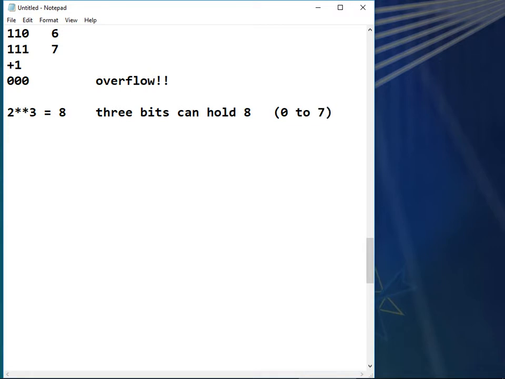Well, what if we had 8 bits? Your Nintendo was an 8-bit computer. Well, 2 to the power of 8, I'm not going to make you calculate it because I happen to have it memorized. 8 bits can hold 256 values from 0 up to 255.